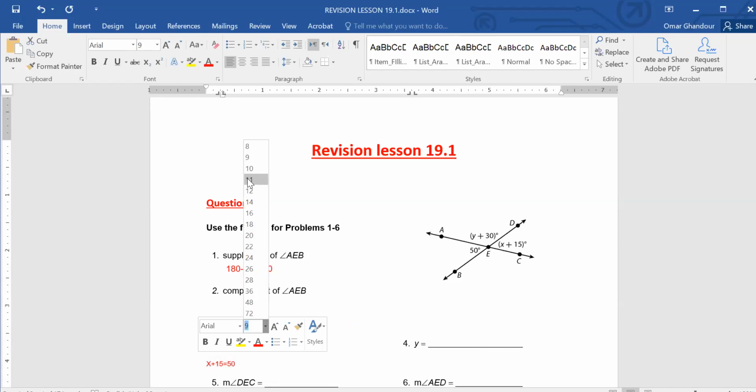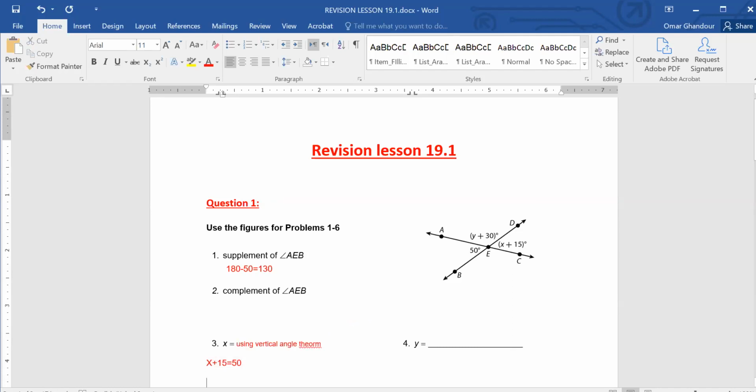And then let's solve the equation. How can I solve the equation? I will shift 15 to the other side. So x is going to be 50 minus 15, which is 35. So we found x.